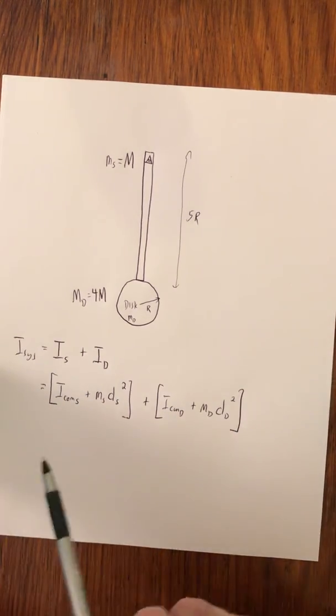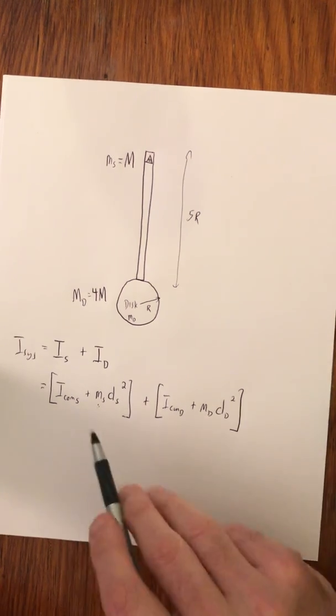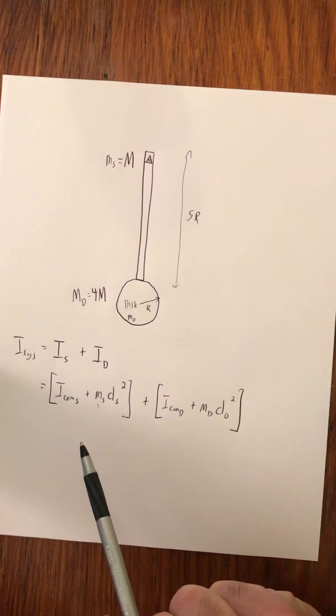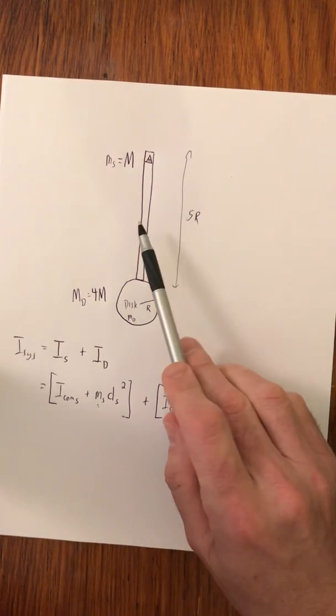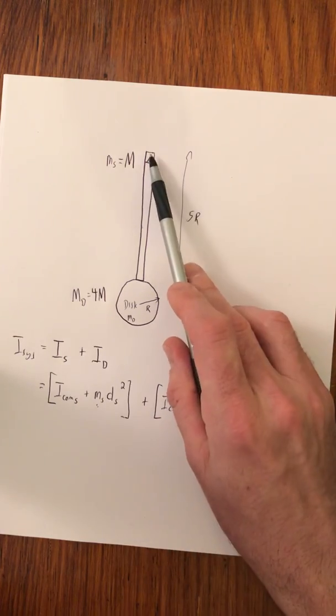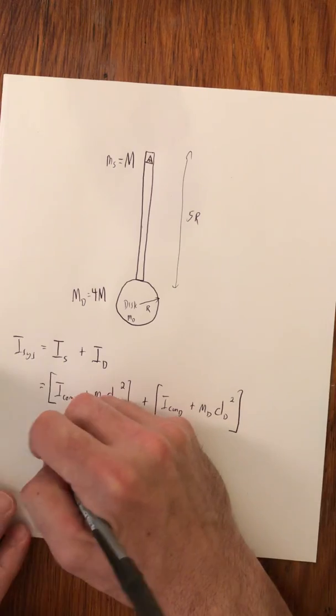So notice here, before I had a mass total there. That was because I was applying the parallel axis theorem to the total system, whereas here I'm applying it differently for each, because if you notice the shifting factor for the stick is going to be different than the shifting factor for the disc. So what does this look like?